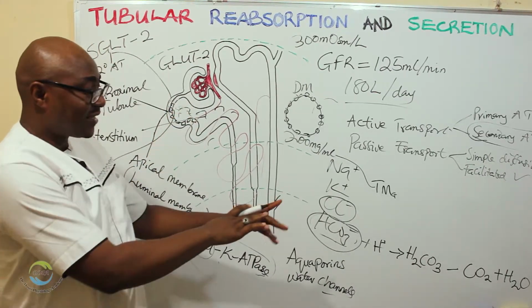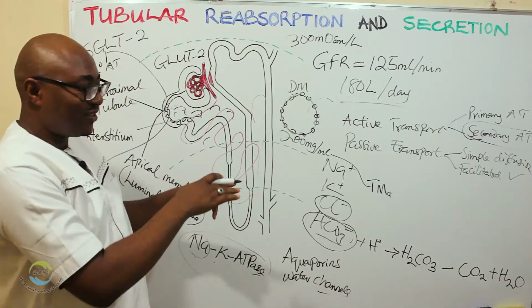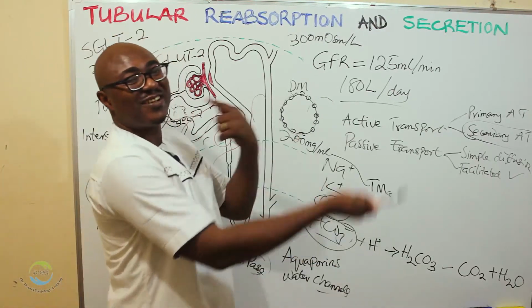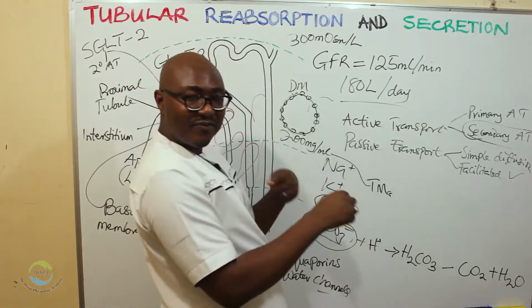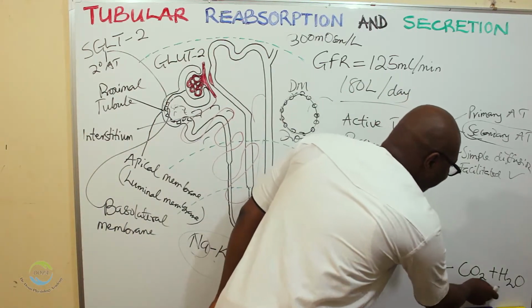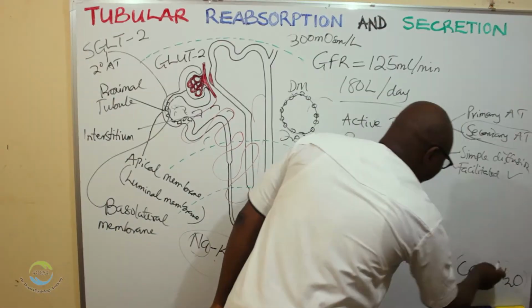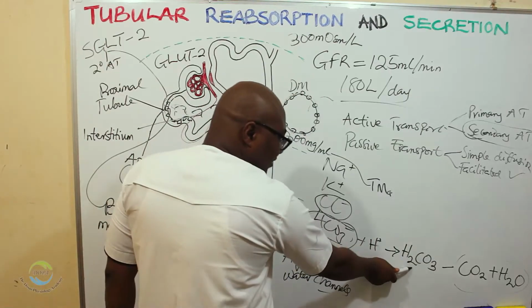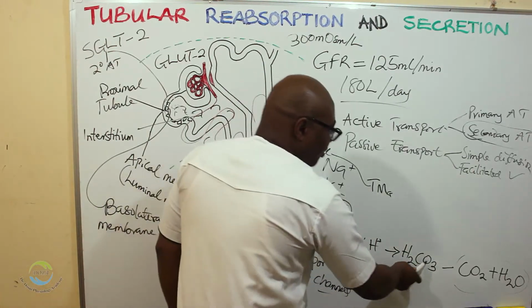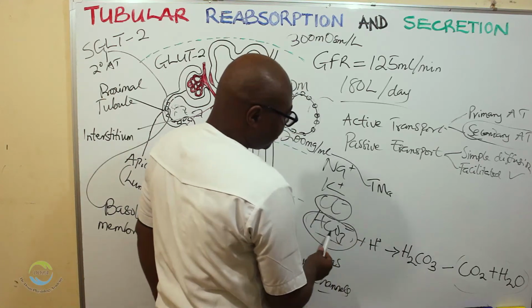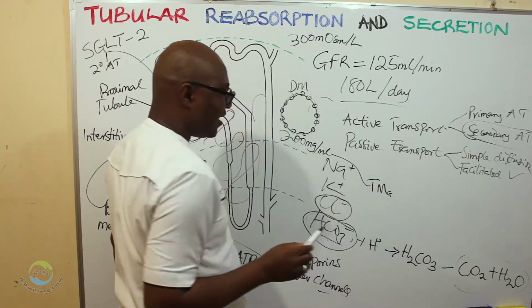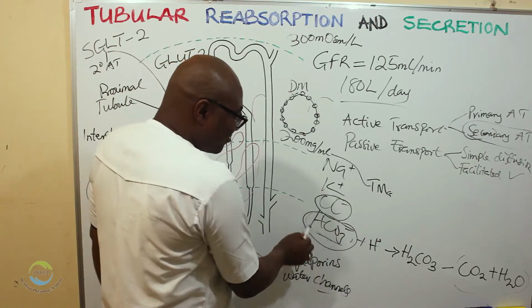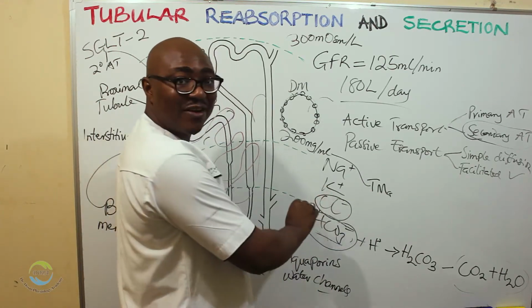When the carbon dioxide that has crossed enters into the cell, it now recombines with water inside the cell. So the reverse takes place. It recombines with water inside the cell, and it forms carbonic acid, which now dissociates into bicarbonate and hydrogen. So that's how bicarbonate has now reformed.